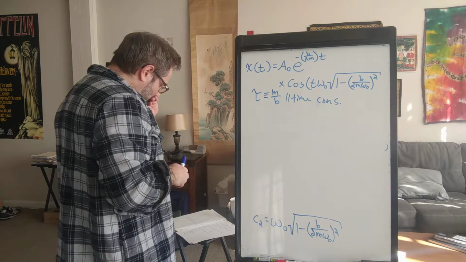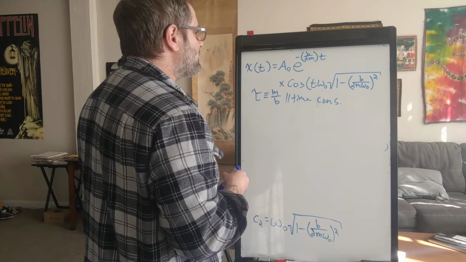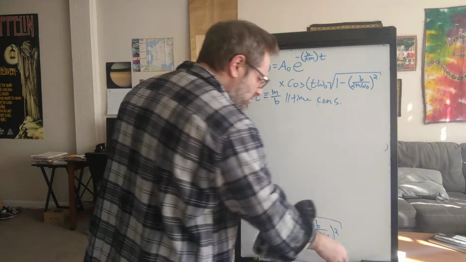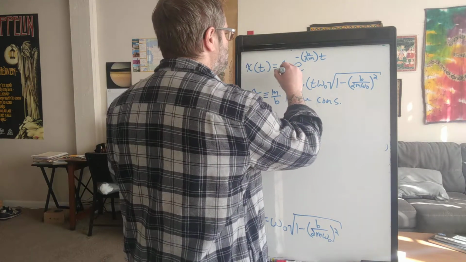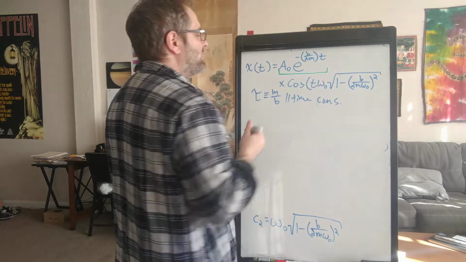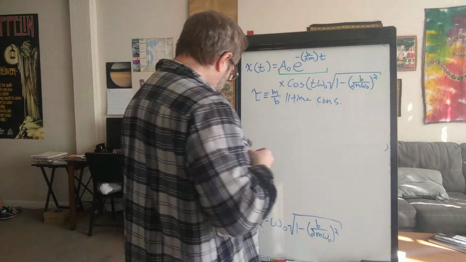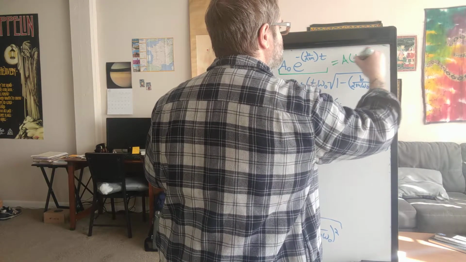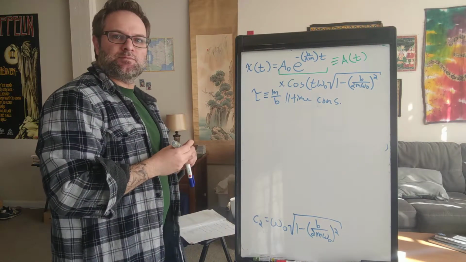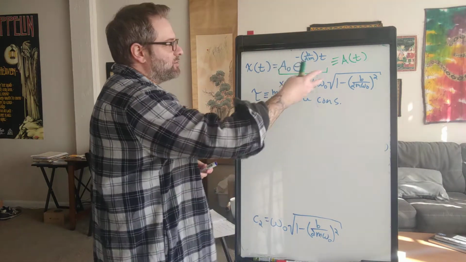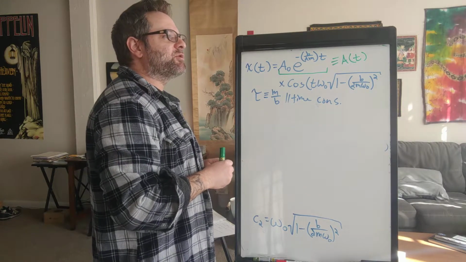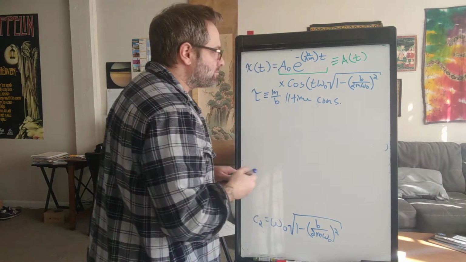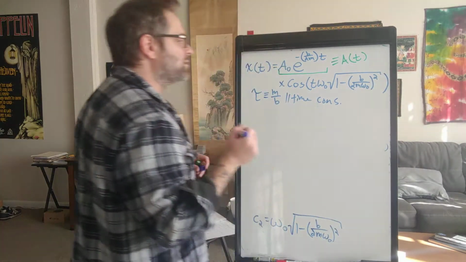Okay. Now, what we could do is group together these two terms here, this a naught and the exponential function, and we're going to call that our new amplitude, which will be a time-dependent amplitude. So we're rewriting this equation in a more familiar form where we have an amplitude sitting outside of an oscillatory cosine.